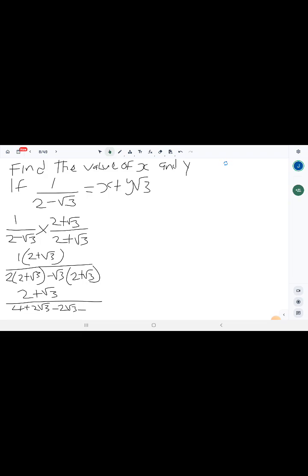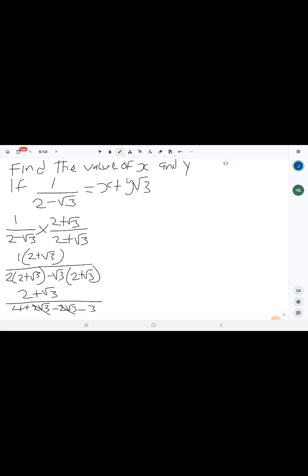So I'm going to write minus 3 here. Before we go further, I would want you to note something. Plus 2 root 3 minus 2 root 3, they would cancel each other out, so we are going to be having 0 here. So I wouldn't write this again, they cancel each other out.